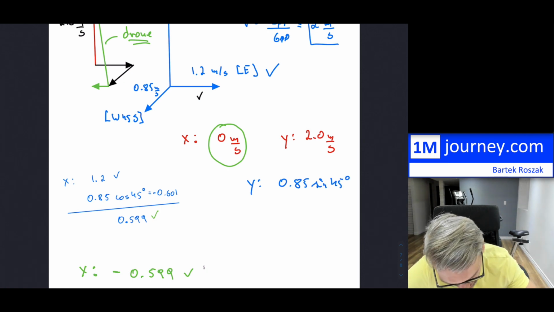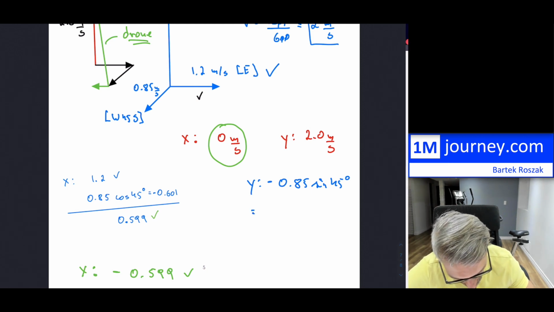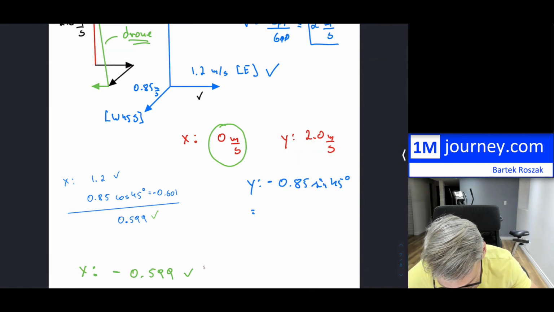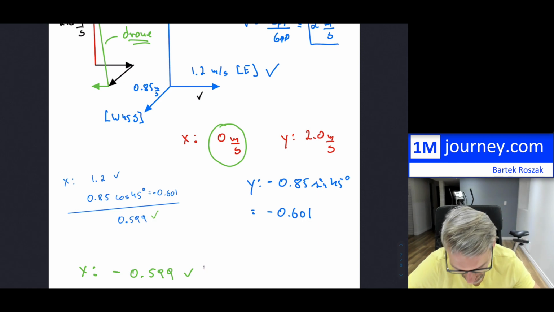Notice it's going to be negative, so that's down 0.601. It's the same thing because sine and cos of 45 are the same. So that is pushing you back.